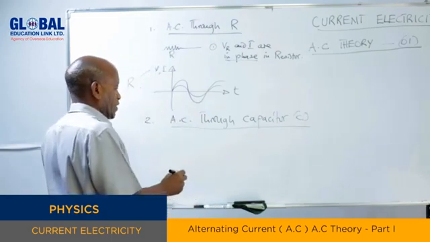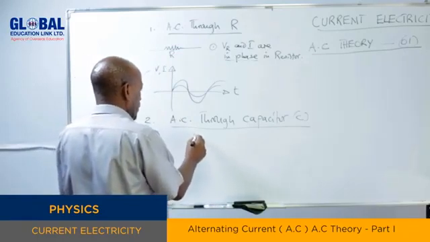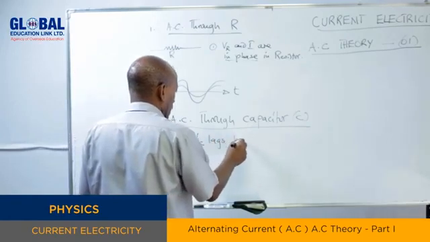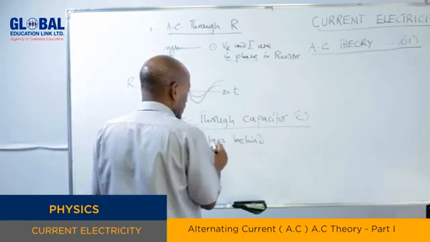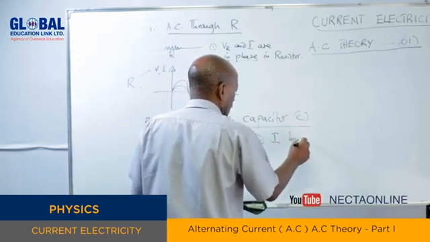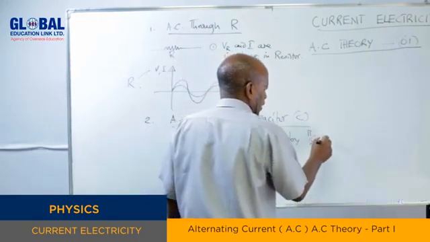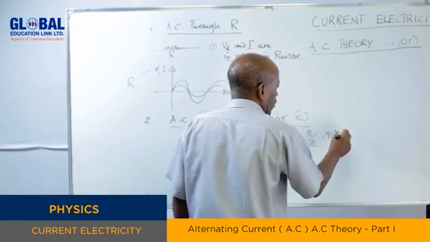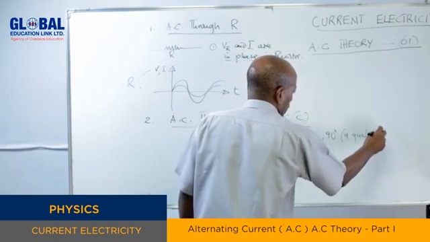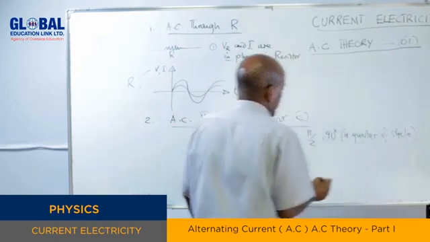That is by a quarter of a cycle. So here we are saying that the voltage through a capacitor lags behind the current by a quarter of a cycle, or by 90 degrees, or by pi over 2.